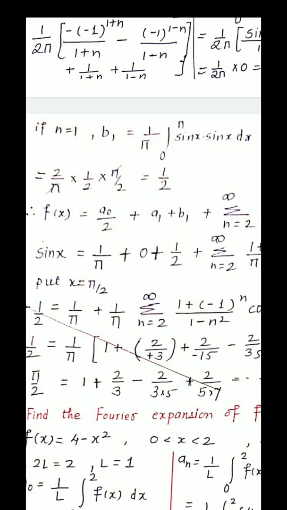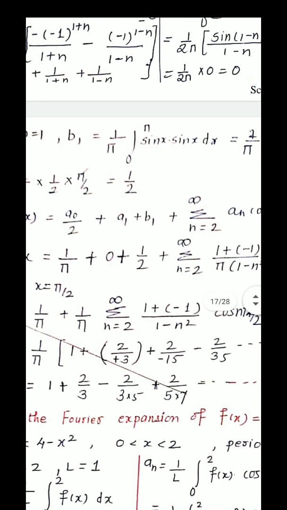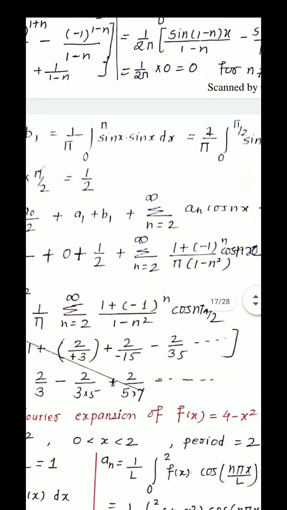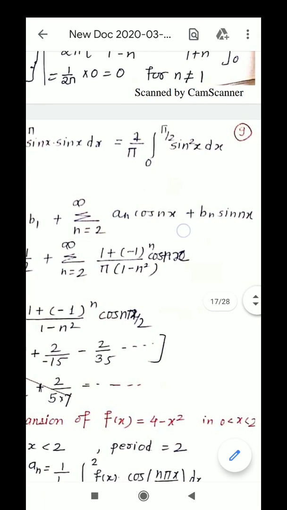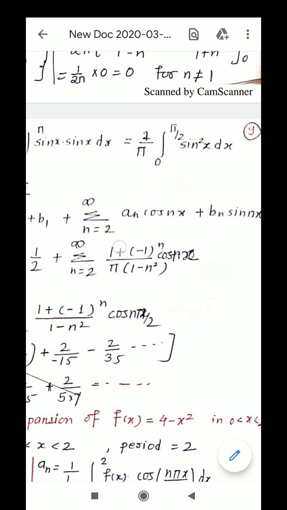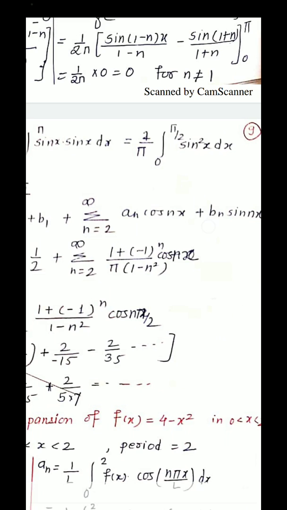But we know a1 and b1 here. So expand that series for n equal to 1 first. For n equal to 1, how do we write this? An cos nx can be written as a1 cos x plus b1 sin x, and then plus summation of n starts from 2 to infinity an cos nx plus bn sin nx.